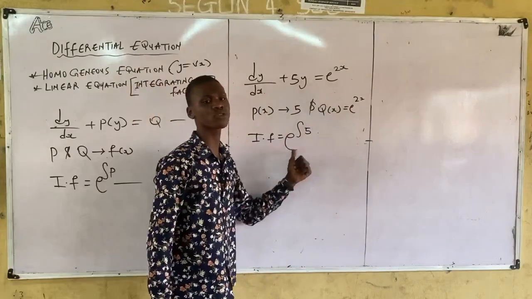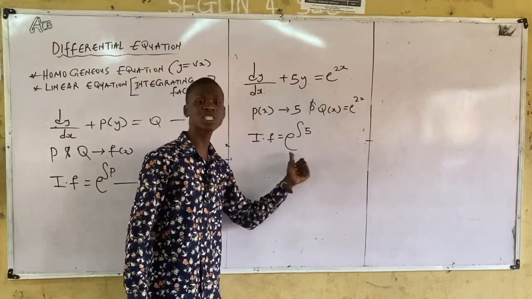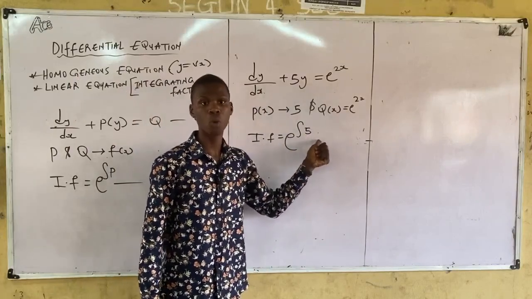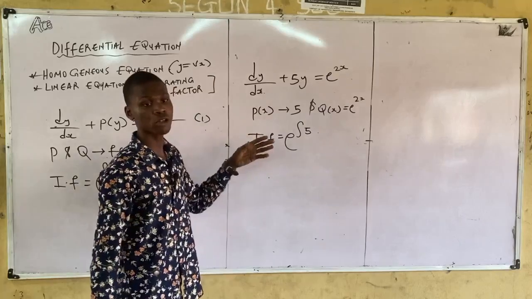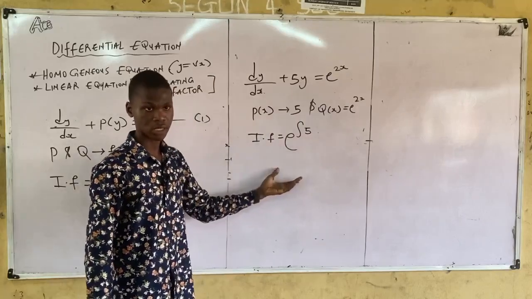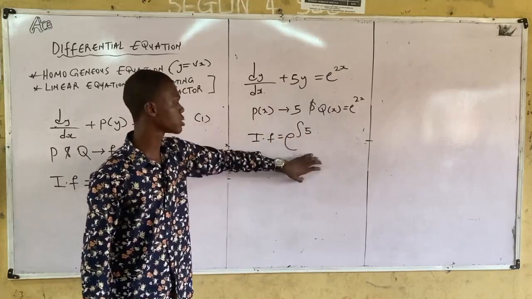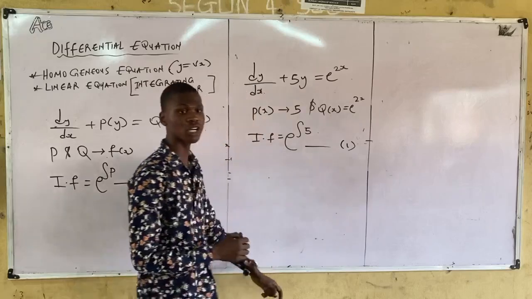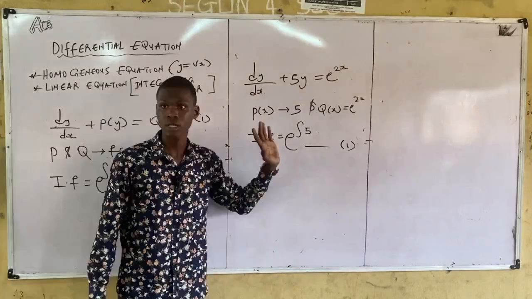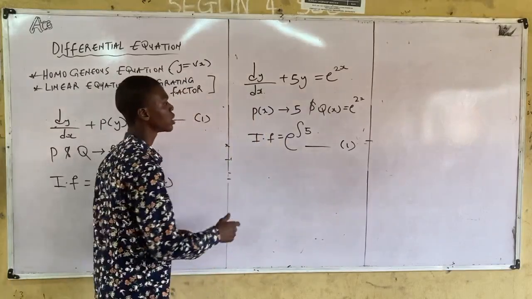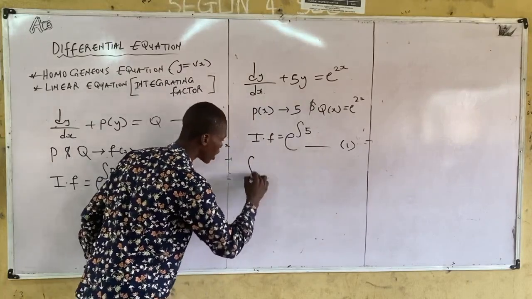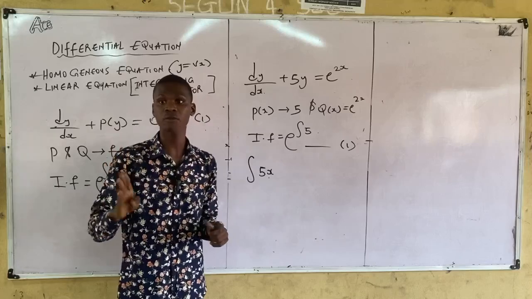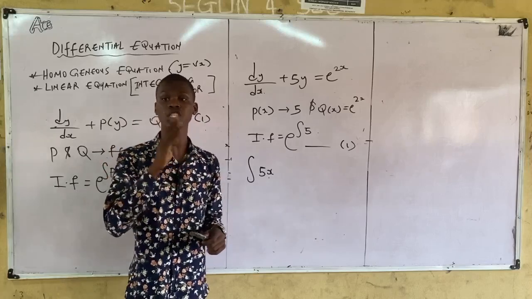Applying the integrating factor to this question, we have exponential integral of 5. We know where 5 is coming from, because p is a function of x and it is 5 in this case. So let's integrate this. Call this 1, the integrating factor. Bring out integral of 5, with the exponential. For every linear equation, you have your exponential.